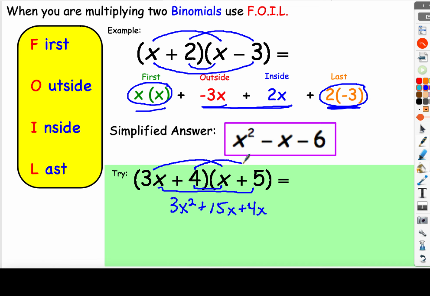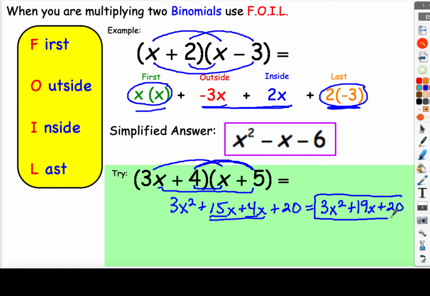And last, notice we're connecting that 4 to that 5. Well, 4 times 5 is 20. Then let's add those two middle terms together, which often happens. So we've got 3x squared to start, plus 19x, 15 and 4. And don't forget your constant, your plus 20, when you're done.